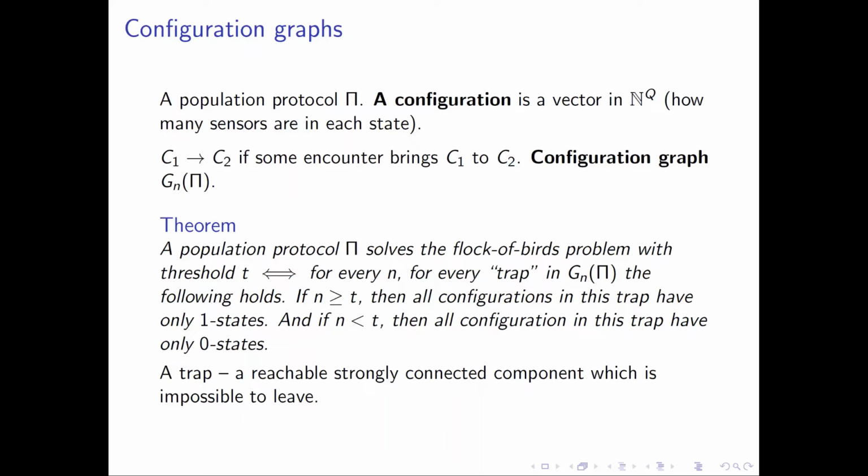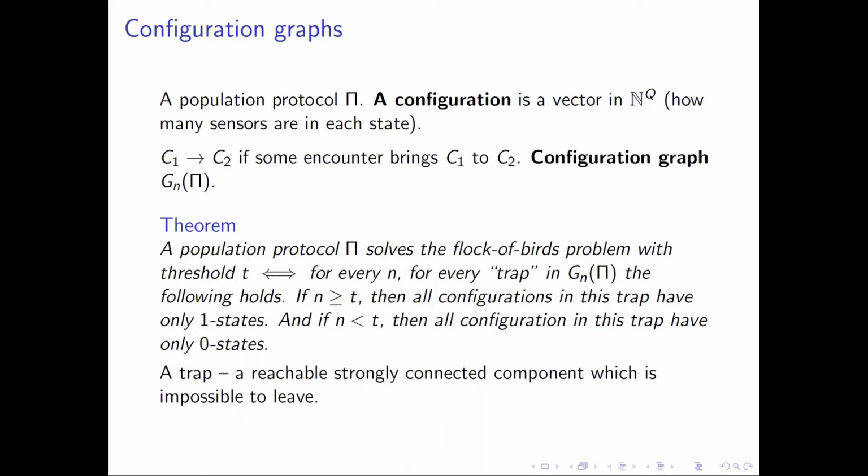And then there is the following result that shows that we could alternatively define what it means that pi solves our problem with threshold t. So it's the same as the following requirement. For every n and for every trap in the configuration graph of pi of order n, there should be something to hold. But what is a trap?